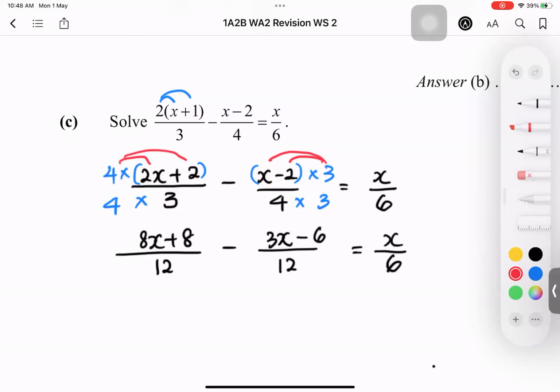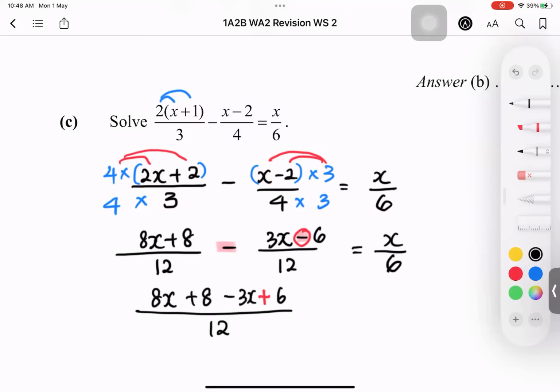Okay, the next thing, this one is subtraction. When we want to combine into one single fraction, what will happen? Change the minus to plus. Yeah, change this minus to plus, plus 6. Don't anyhow change, okay? The rest stays the same, x over 6.